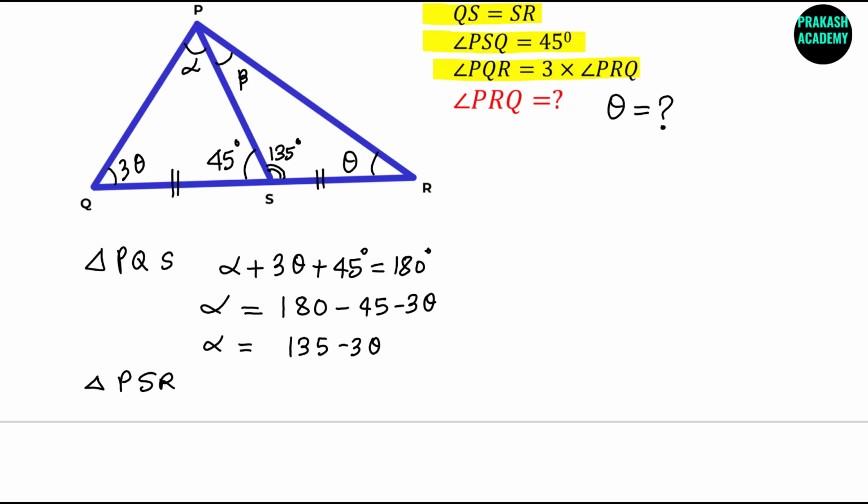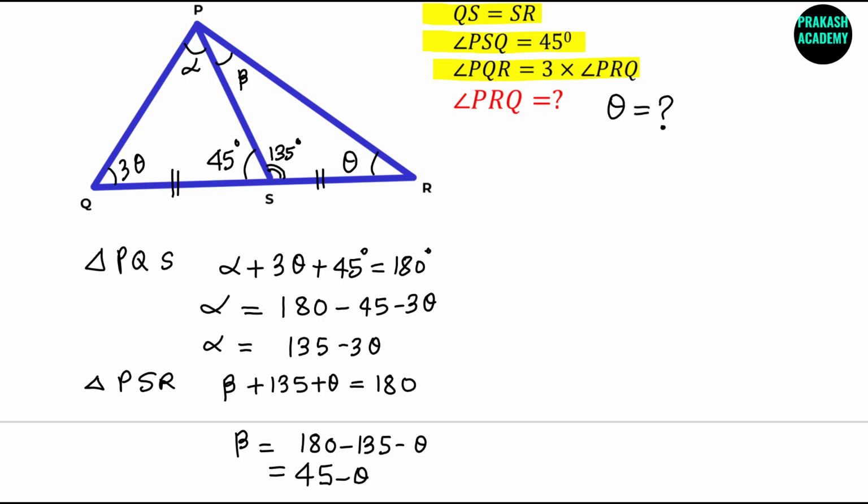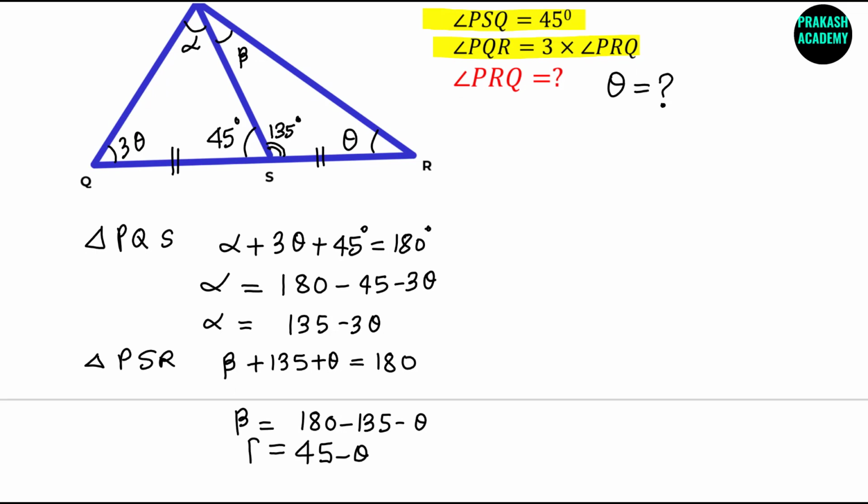So we can say in triangle PSR, beta plus 135 plus theta is equal to 180 degrees. This means beta is equal to 180 minus 135 minus theta, which is equal to 45 minus theta. So now we have beta is equal to 45 minus theta.